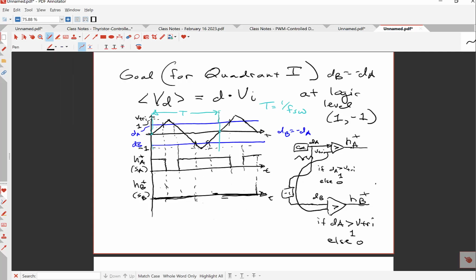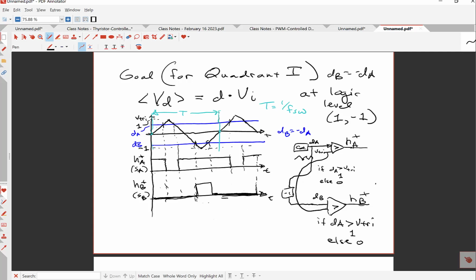At that point, D sub B is higher than the triangle, so we have a pulse, but then the triangle goes above it for the rest of the time. So that's the H sub B pulse.